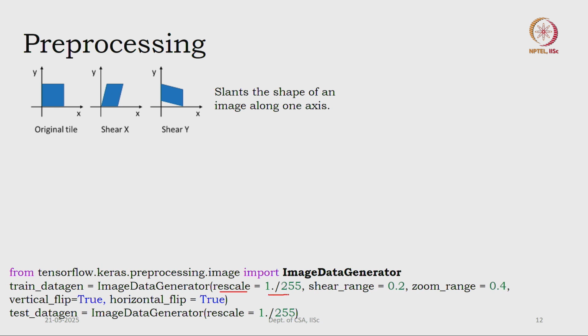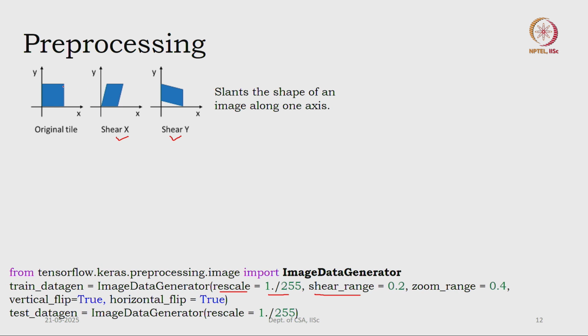Next, there is a shear range. What exactly is shear? When you take this image, let us assume this is a proper square, aligned with the x axis and y axis. Now when you look at this image, what has happened is that the square has become slightly slanted.